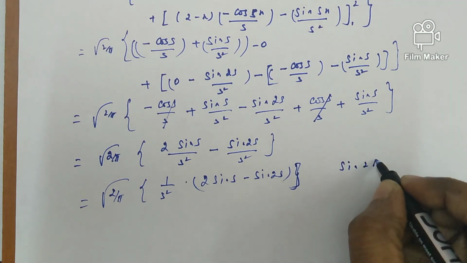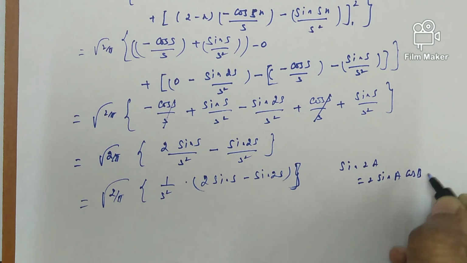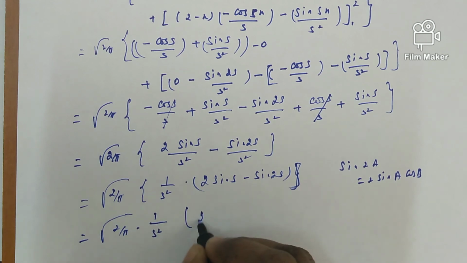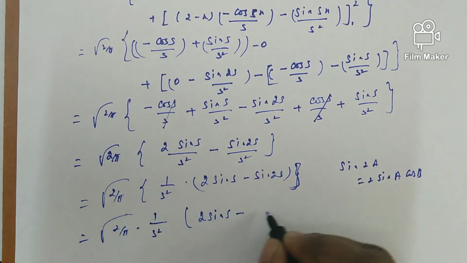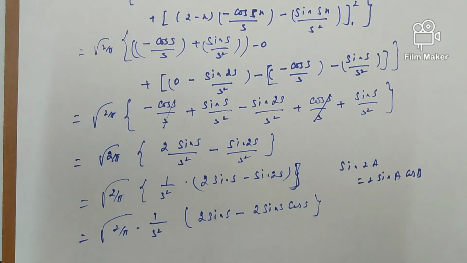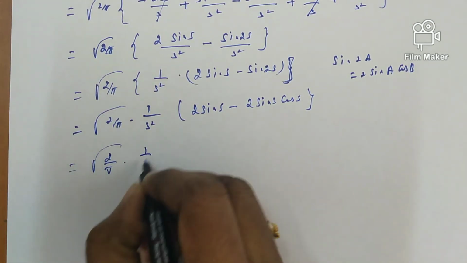The sin 2a formula is 2 sin a cos a. Applying that result, this can be written as root of 2 by pi into 1 by s square into 2 sin s minus 2 sin s cos s. This is equal to root of 2 by pi, 1 by s square.